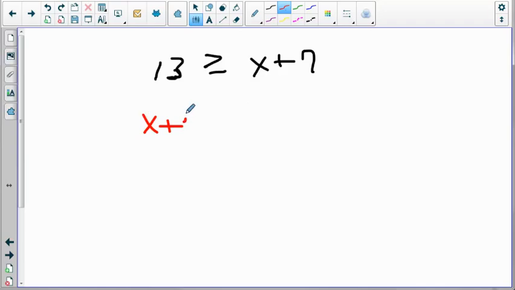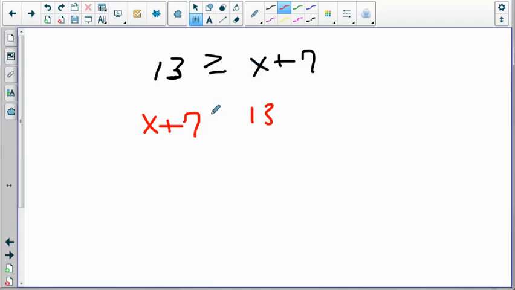Let's do 13 is greater than or equal to x plus 7. Okay. All of this, the variable has to be on the left. So we're going to put x plus 7 on the left, put that 13 on the right, and then I have to ask myself, is the inequality pointing to the variable, or is the inequality eating the variable?